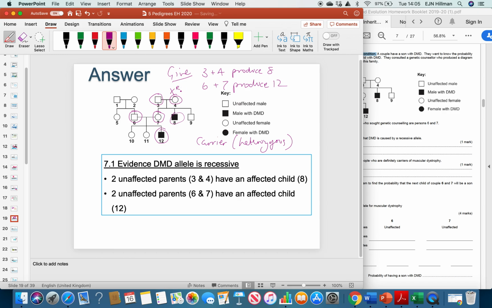I'm going with R's again. Number 4 must be heterozygous because she passes on this recessive allele to her son, number 8. And number 7 must also be heterozygous because she passes on her recessive allele to number 12.